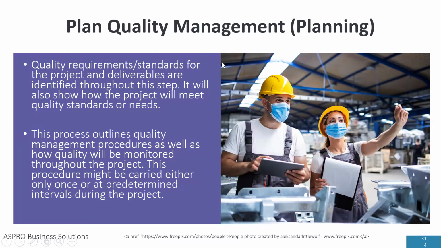Now let's talk about the very first process in quality, and that is called plan quality management. Plan quality management is where the quality standards for the project and deliverables are identified, and it will also show how the project will meet the quality needs of the project, right?